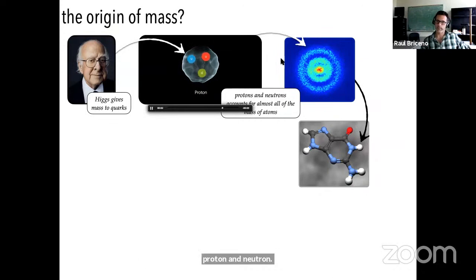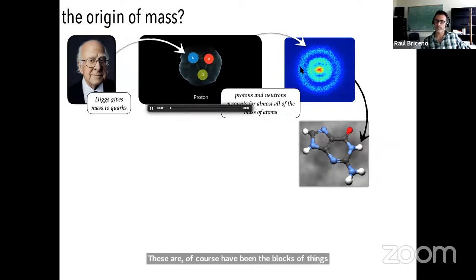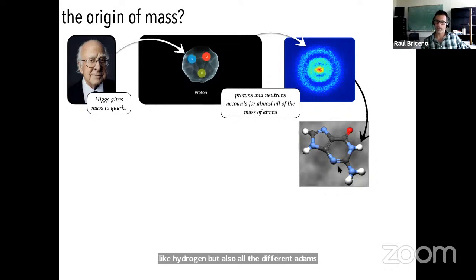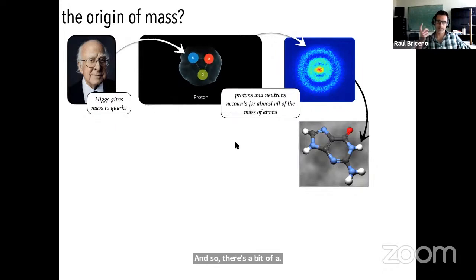These are, of course, the building blocks of things like hydrogen, but also all the different atoms and molecules out there in nature, right? And so there's a bit of a simplistic conclusion that we can make, right?